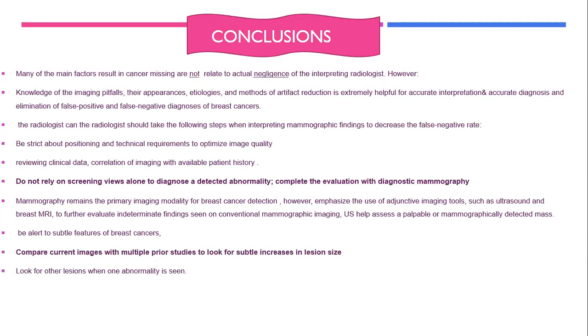And we have to look for other lesions when we find a mammographic abnormality and judge the lesion by its most malignant features. Integrating double reading and or CAD for mammographic examination is helpful.